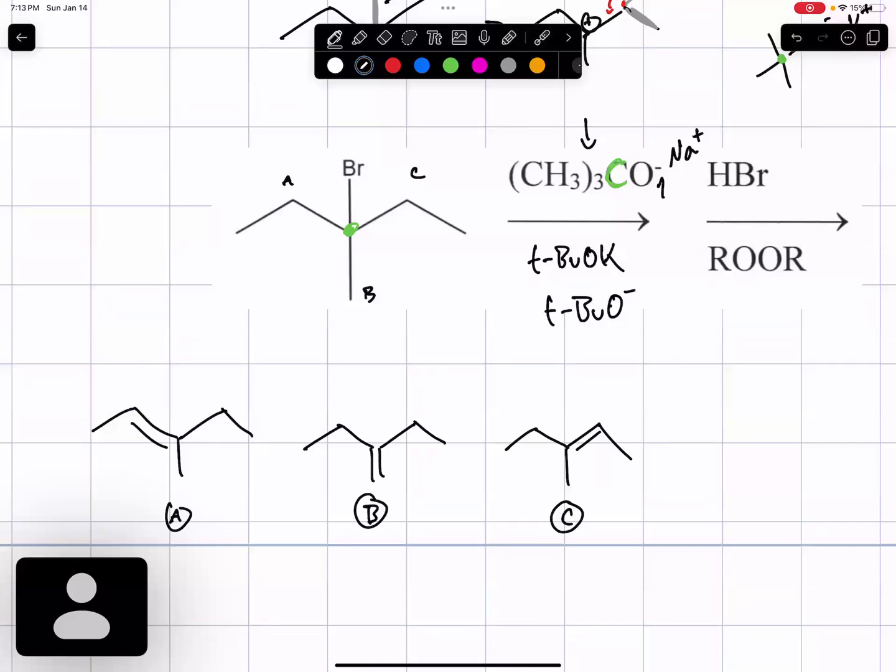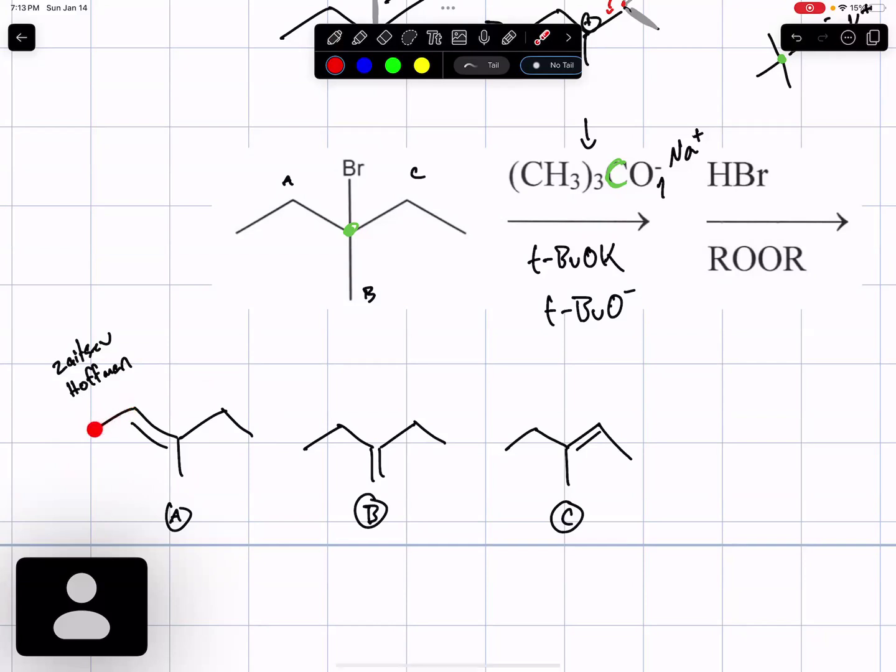What kind of alkene is this? Is this Zaitsev or Hofmann? It's a bulky base, so it should be Hofmann? Is it Hofmann? No, this alkene here is not Hofmann, because what is the definition of Hofmann? It's the least substituted alkene.